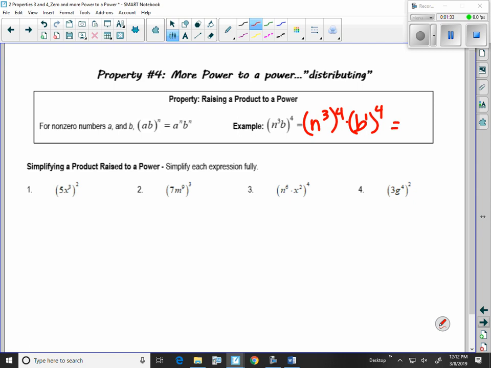So n cubed to the 4th, what do I do with the 3 and the 4? Multiply. I multiply them. And then b to the 1st to the 4th, b to the 4th, you multiply. You don't have to necessarily write this every time. You can just distribute. So what I did is I distributed the 4 to the 3, and then I distributed the 4 to the 1. You with me on that?